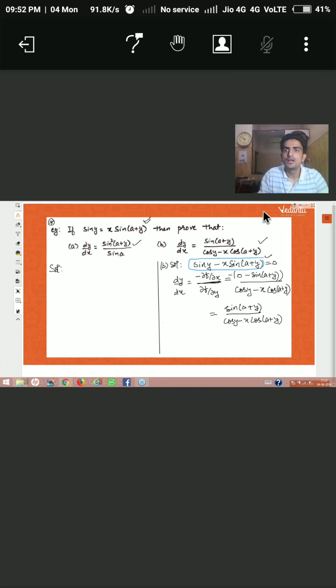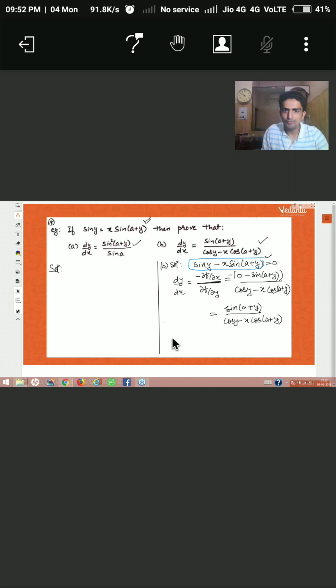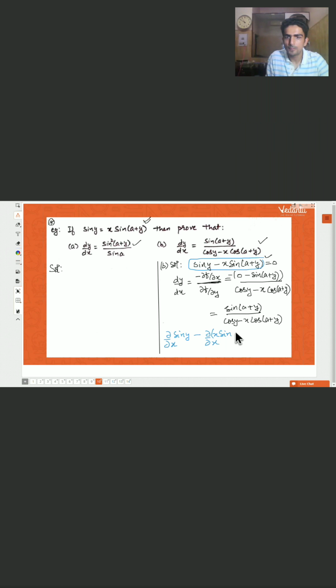Okay, look dear, let me just give you a brief explanation of this thing. Try to see, when we are partially differentiating with respect to x, it is this minus partial derivative of this with respect to x.